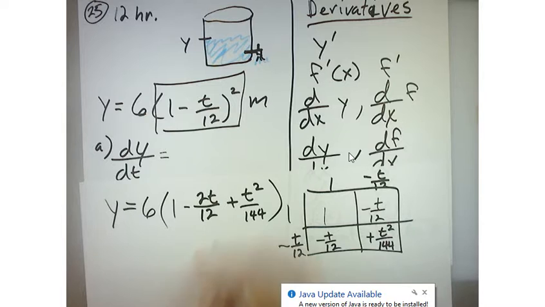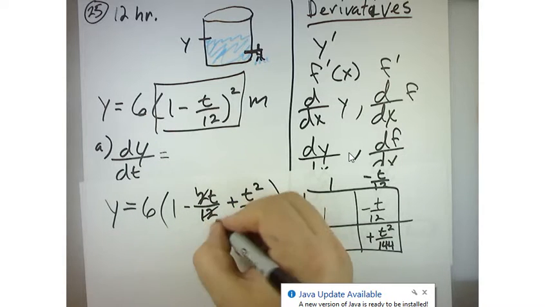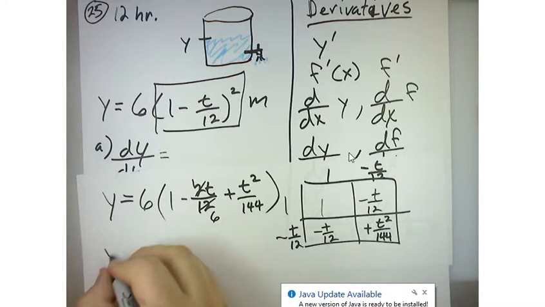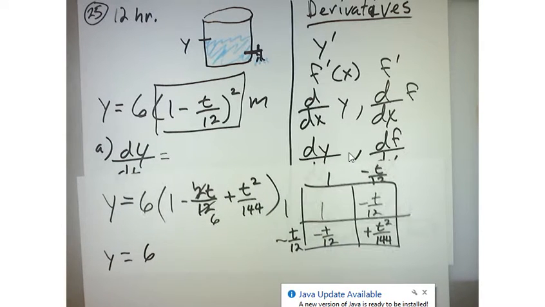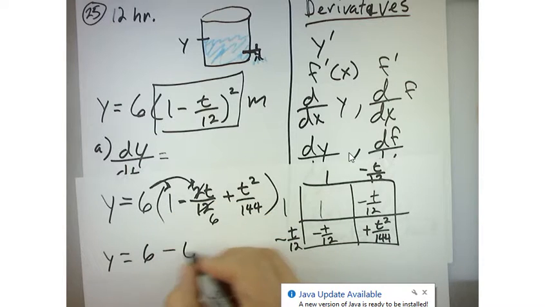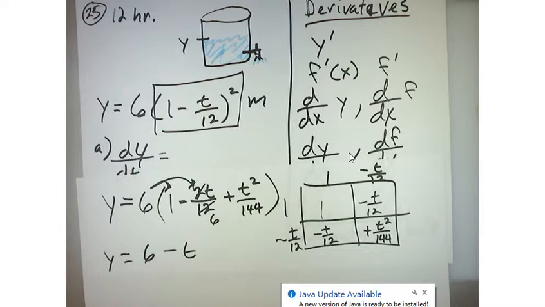Now this reduces down to 1 over 6, doesn't it? So now when I push the 6 through, 6 times 1 is 6. But what's 1/6 of 6? 1, or negative 1. Don't forget my negative sign. So I've got negative t here. And then 6 over 144, let's write that out.